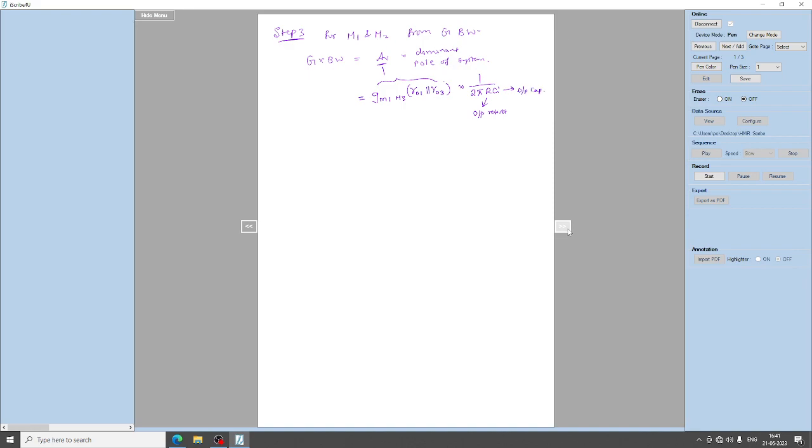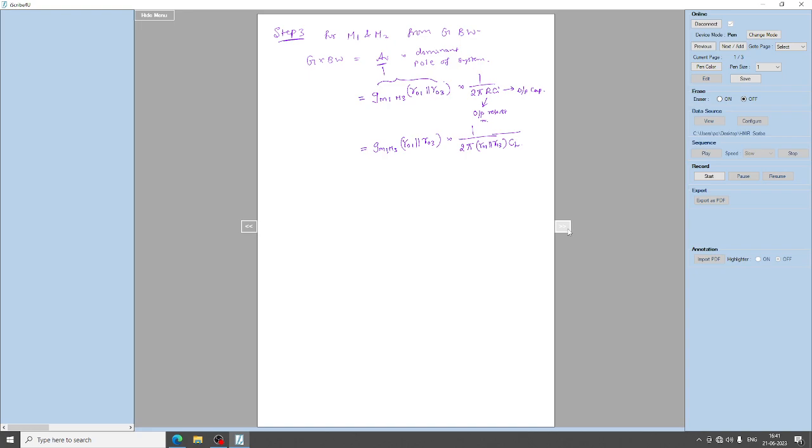The output resistance of this amplifier is R01 parallel with R03. So the gain bandwidth product is GM1 into R01 parallel with R03, multiplied by 1 by 2 pi, R being the output impedance R01 parallel with R03, multiplied by the output capacitance, which is the load capacitance, including parasitic as well as the input capacitance of the next stage.